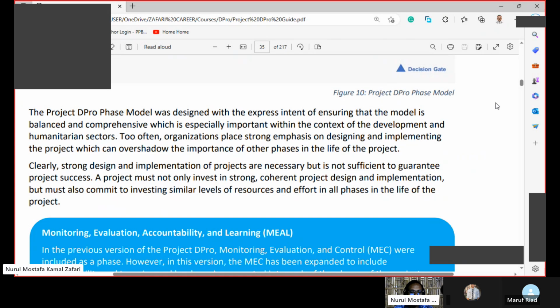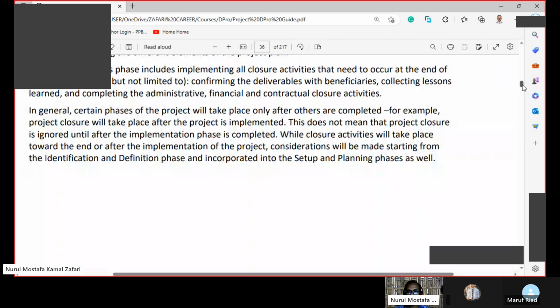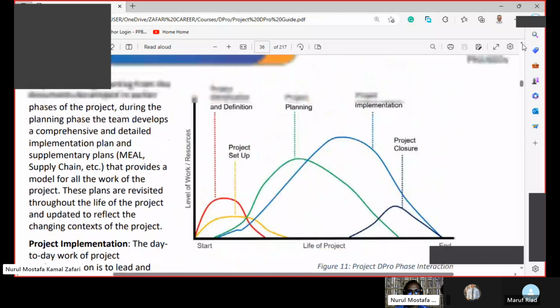Clearly, strong design and implementation of projects are necessary, but not sufficient to guarantee project success. A project must not only invest in strong, coherent project design and implementation, but must also commit to investing similar levels of resources and effort in all phases in the life of the project. There's a blue box. We shall discuss this blue box later.